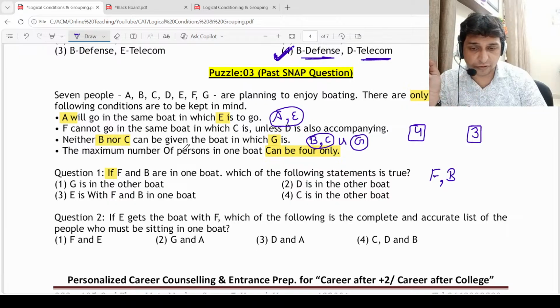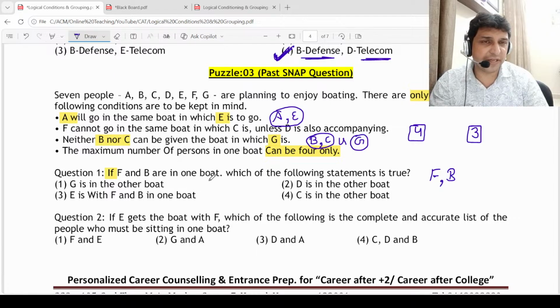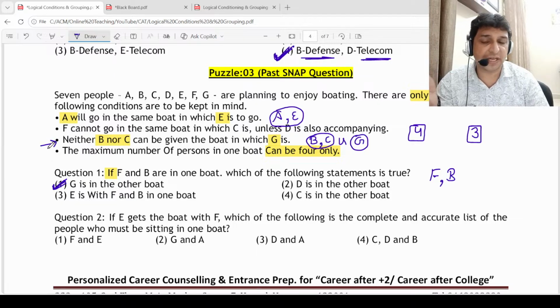Definitely correct, because if we have B or C, G cannot be there. So if F and B are in one boat, then G is in the other boat. That is definitely right. We can't have G in the same boat where B is sitting. So line number 3 gives me the answer to that.